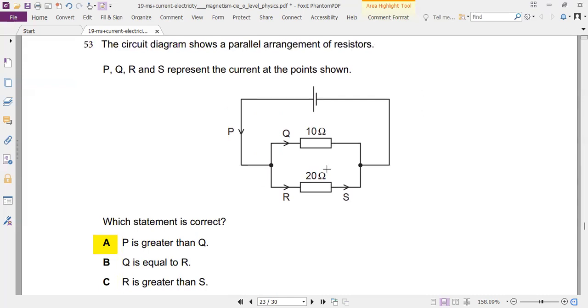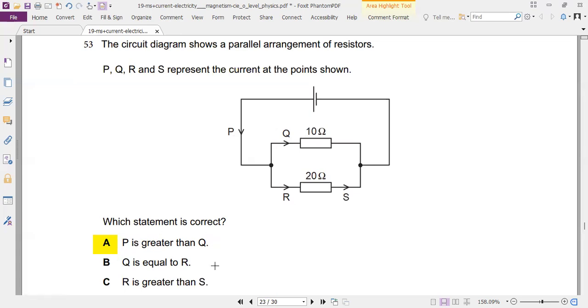We have two resistors, and which statement is correct? So we see that the current coming from here is divided into these two and then going this way. So P is greater than Q, that's definite.